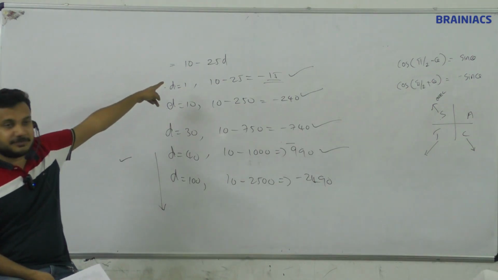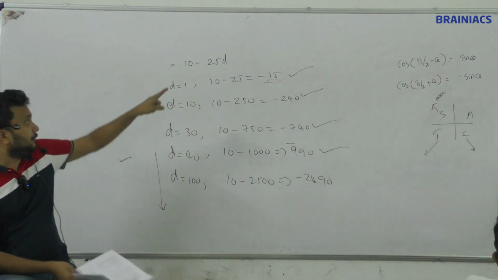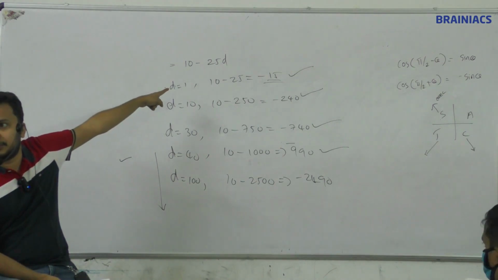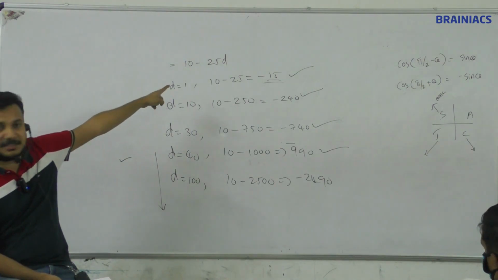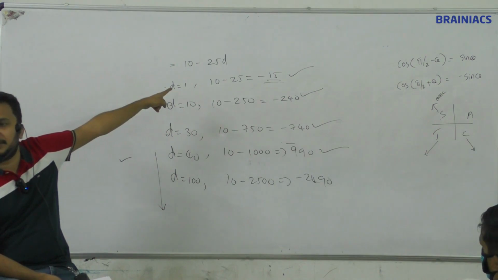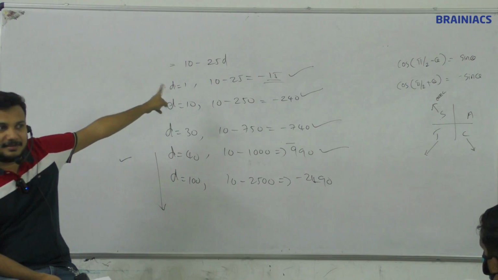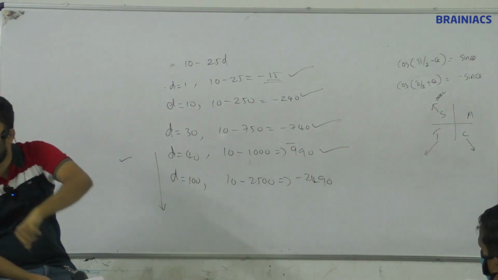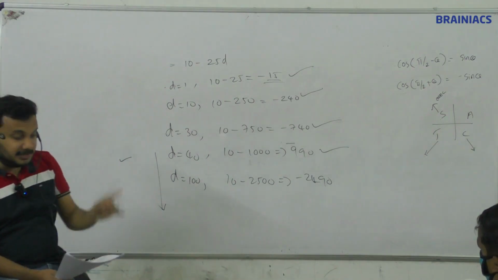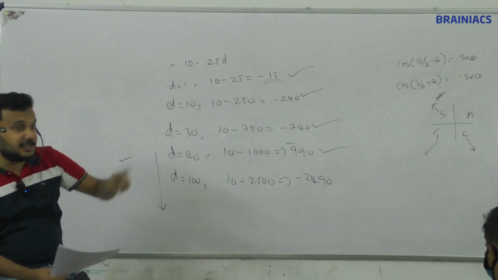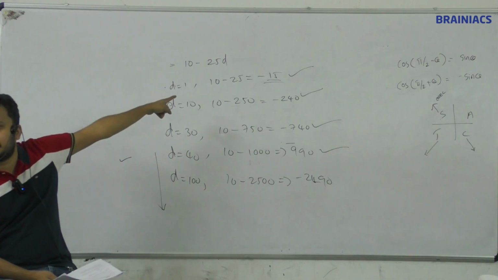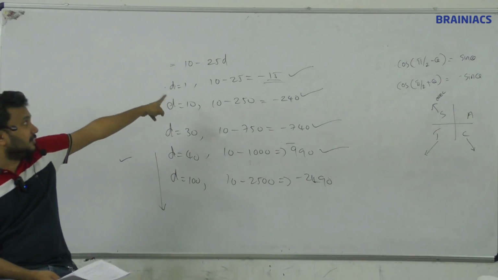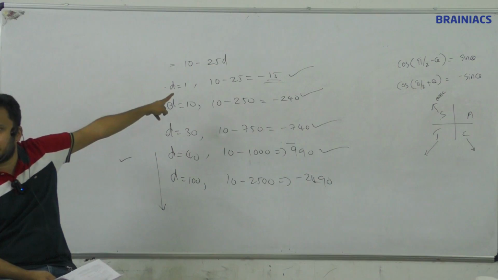If you substitute 0.4 in the options, 10 minus 25 into 0.4. 25 into 0.4 means what? 10. 10 minus 10 is 0. So equal to 40 centimeter is definitely in terms of meter. Second one, equal to 10 centimeter. 10 centimeter is 0.1, so 10 minus 2.5 is positive.